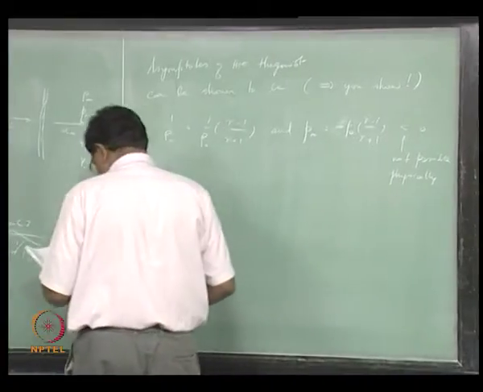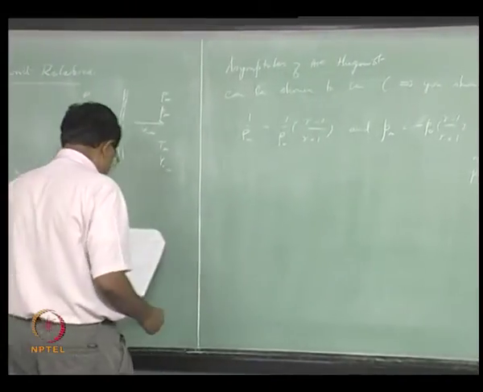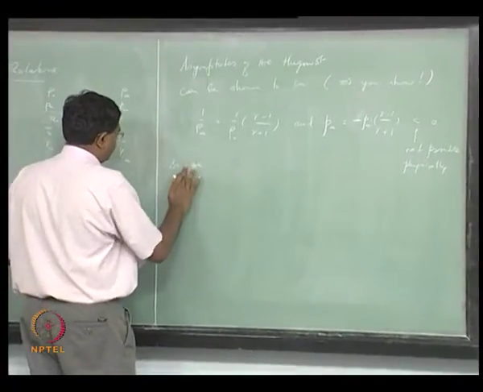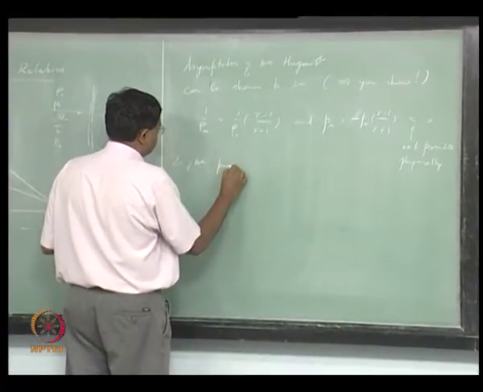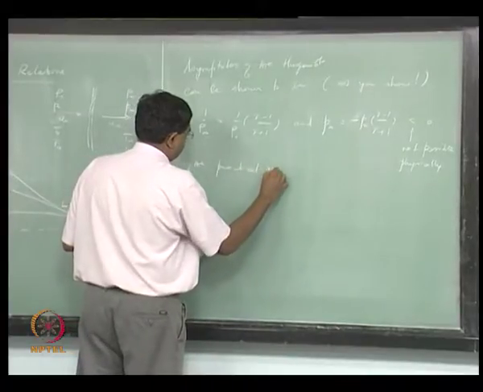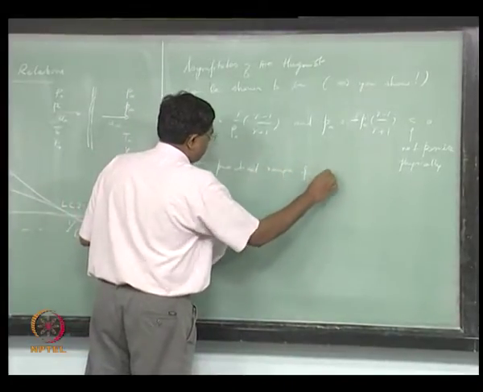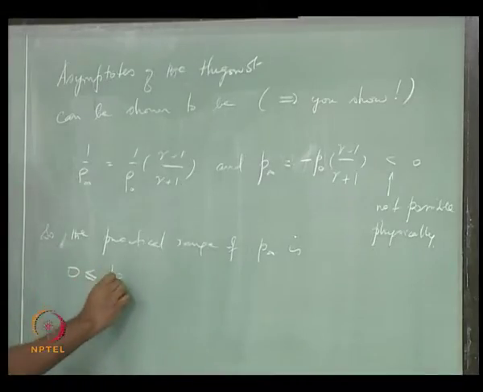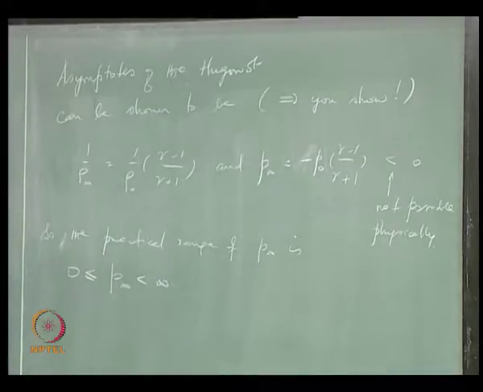So the practical range of p infinity is 0 less than p infinity less than infinity. It can go up to infinity, that's possible.